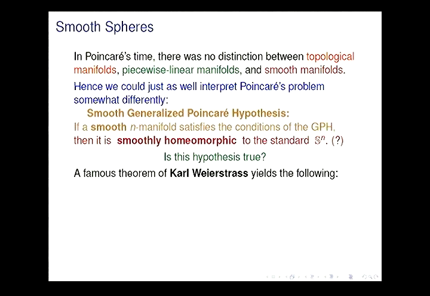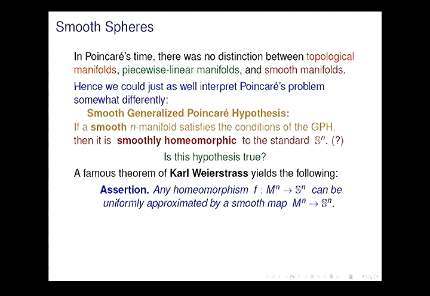Well, one way we could try to solve this is by applying a famous theorem called the Weierstrass approximation theorem. Applying it in this case, it says the following. Suppose we have a homeomorphism from M to the sphere.